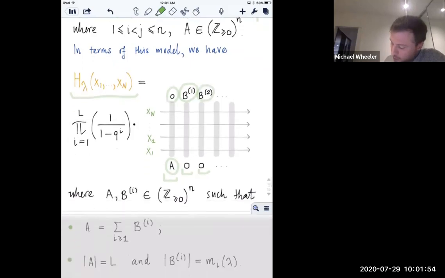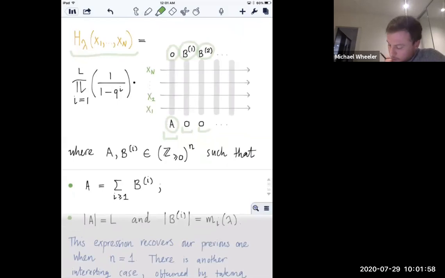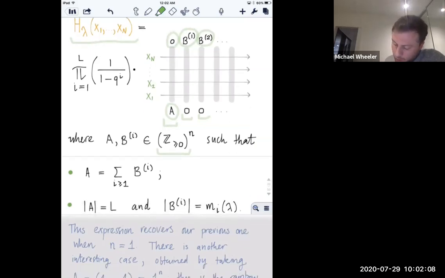And these vectors, they have to satisfy some constraint. All right, so the first thing is, as I said previously, they're vectors with n components, each of them being a non-negative integer. And so the first constraint is that if I look at the A, this has to be equal to the sum of all of the B vectors. So what this is saying is that the particles that enter from below have to leave via the top somewhere.